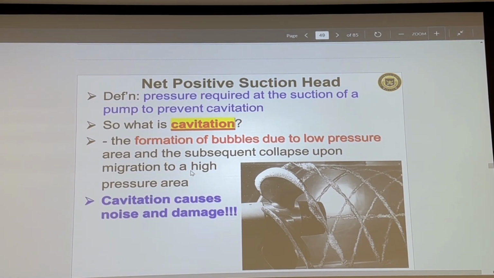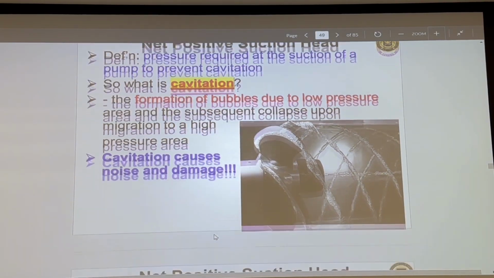That cavitation is very harmful. What does cavitation do? It causes noise and also damage. You see the erosion taking place on this impeller.